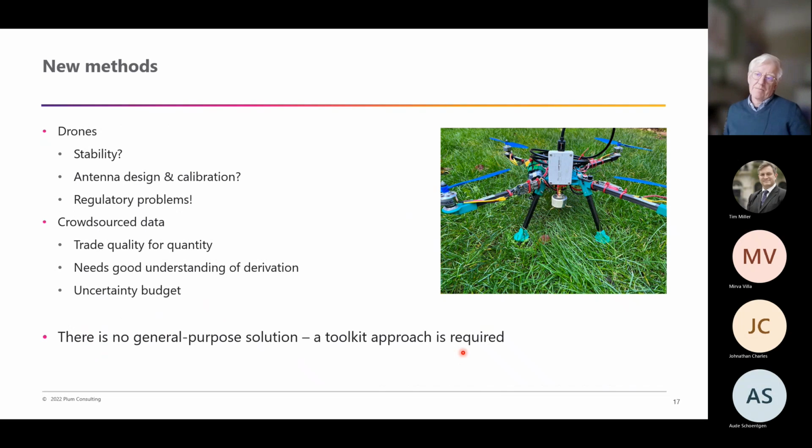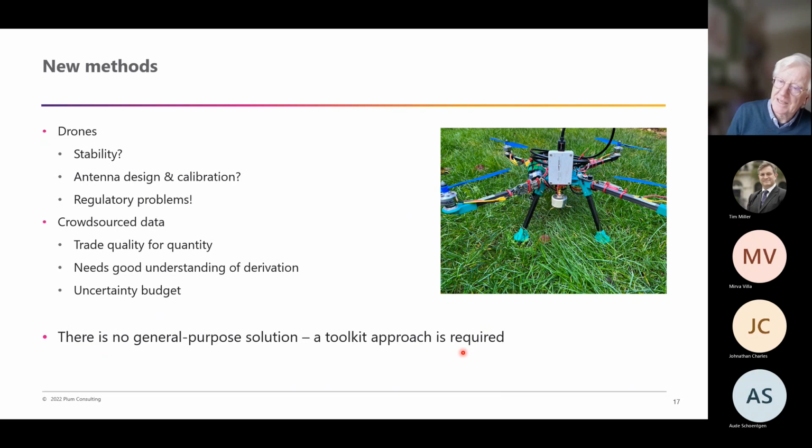And there are other new approaches that can be used. Drones are something we've been looking at as a way of sampling a large area in a small amount of time. And there are problems with ensuring that you've got a reliable antenna gain so that you really know what you're sampling.